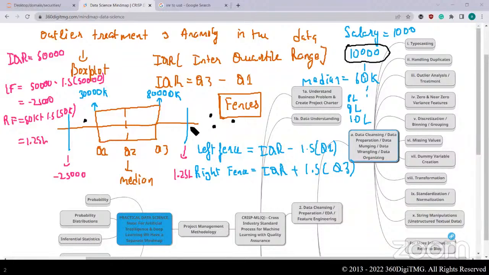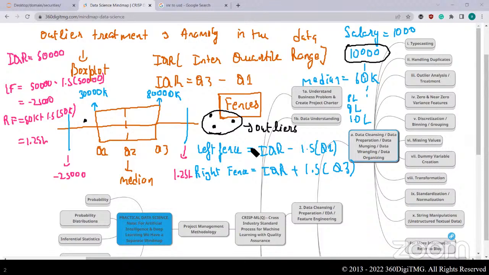And because they are lying outside the right fence, we can call them outliers. So this is how you find out outliers within a data set.